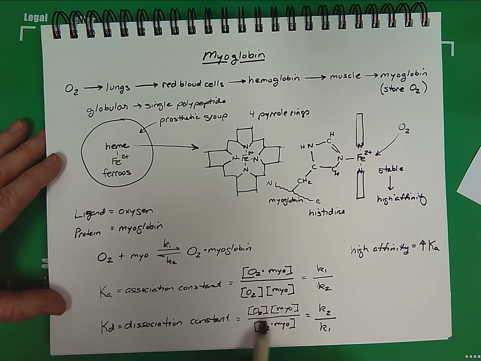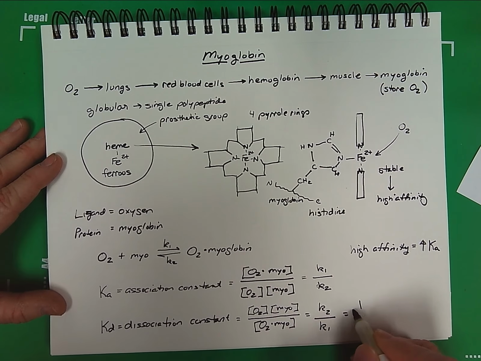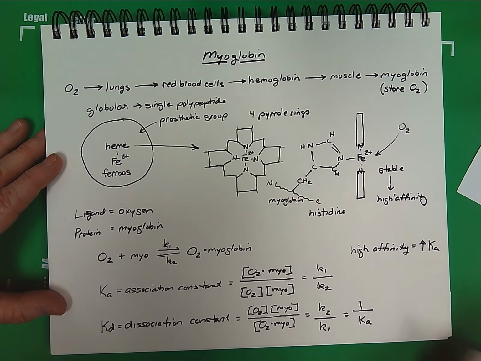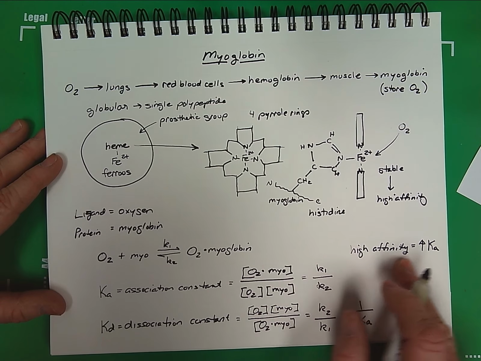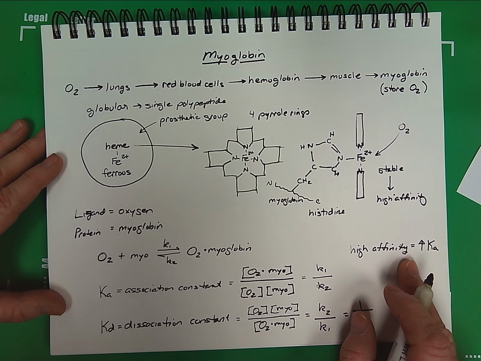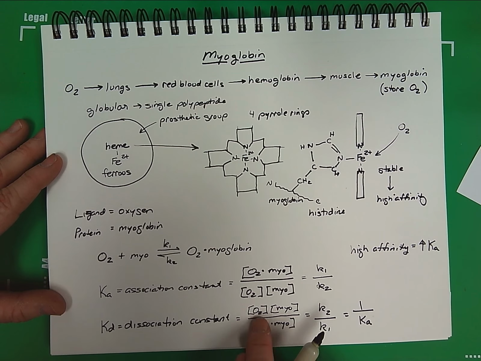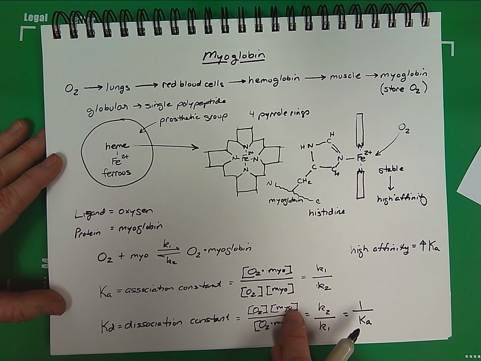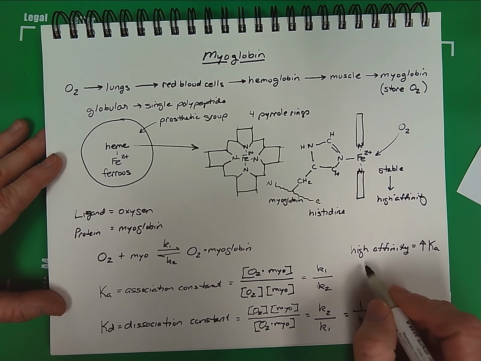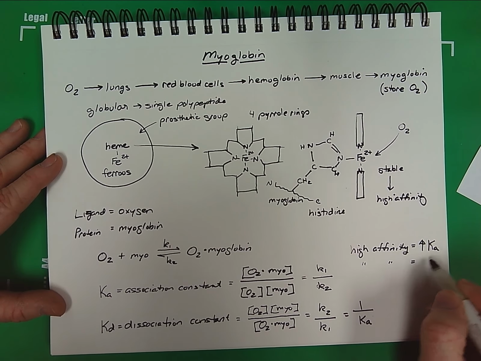Now this is essentially the inverse of Ka. So this is equivalent to 1 over the association constant. So in terms of Kd, when we're discussing affinity, what we want to see here is very little product formed in the reverse reaction and a high concentration maintained in the complex form. So this means that high affinity for Kd equals a very low dissociation constant.